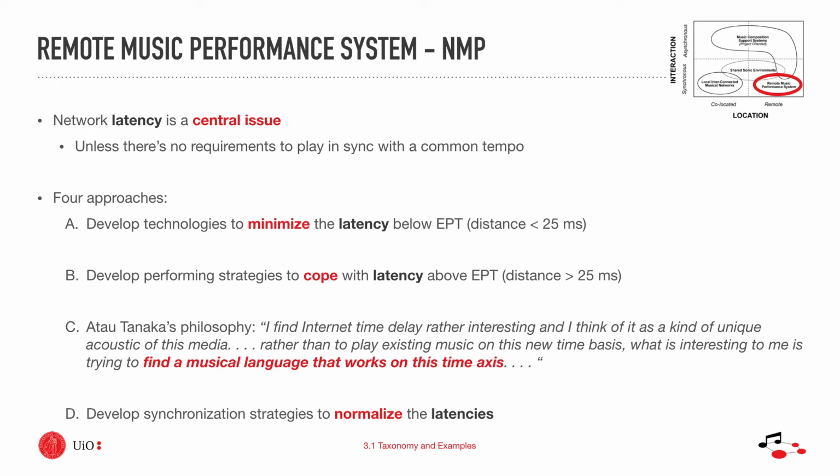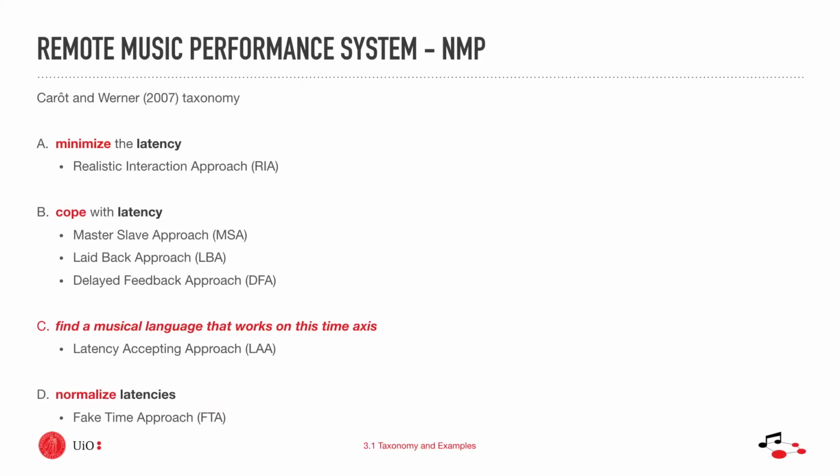Finally, we can think about synchronization strategies that normalize the latencies across the players. These 4 scenarios are actually quite well aligned with what Carôt and Werner proposed in 2007. Indeed, minimizing the latency means a realistic interaction approach. There are multiple strategies to cope with the latency: a master-slave approach, a laid-back approach, and a delayed feedback approach.